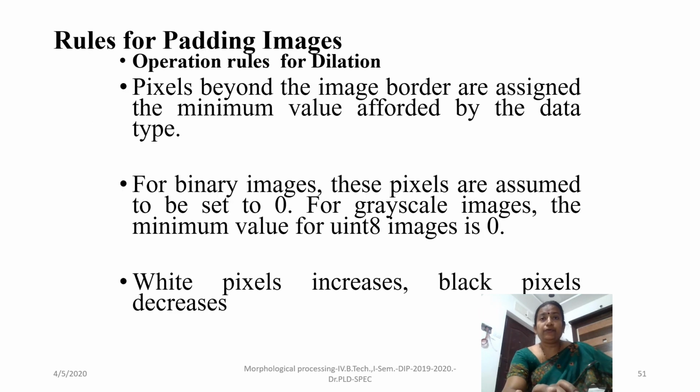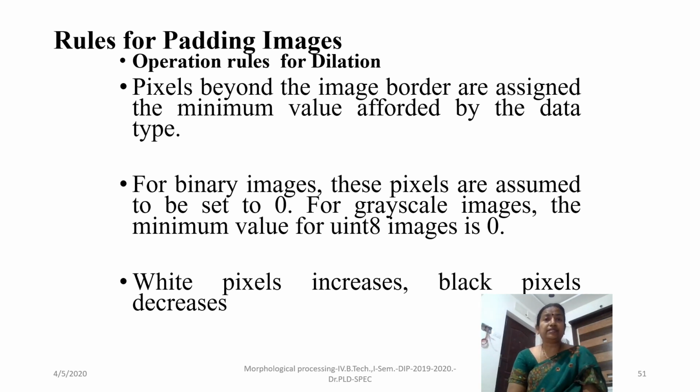That is how you are going to perform these operations. These rules were already explained, we discussed them to some extent in the last slides. Pixels beyond the image border are assigned the minimum value offered by the data type. For binary images, these pixels are assumed to be set to 0.